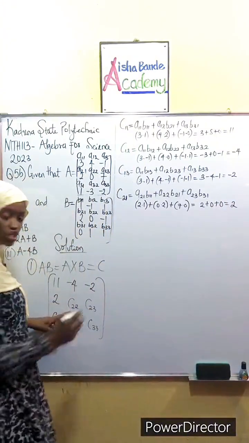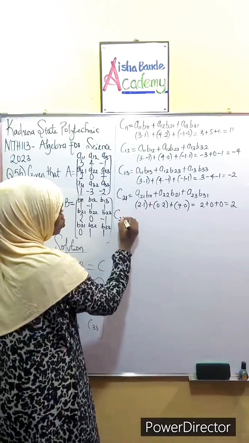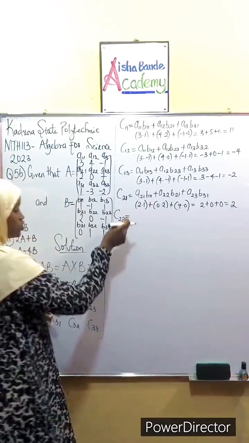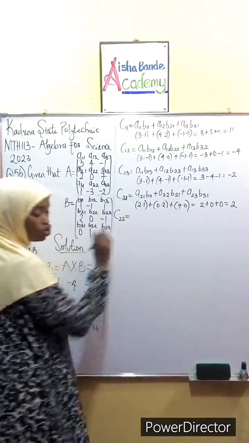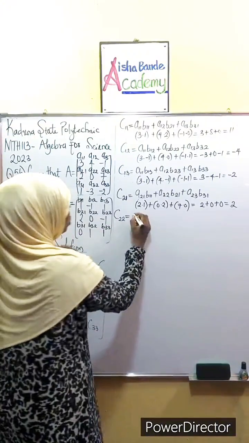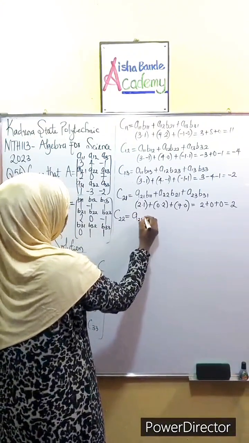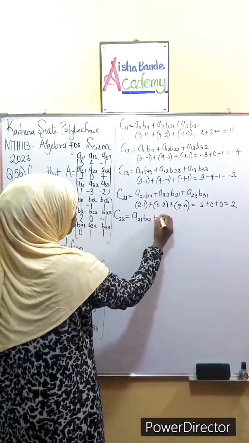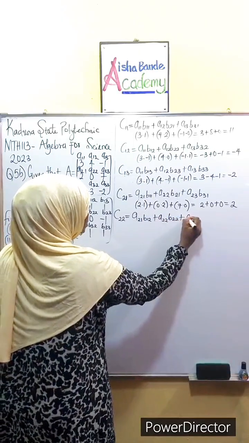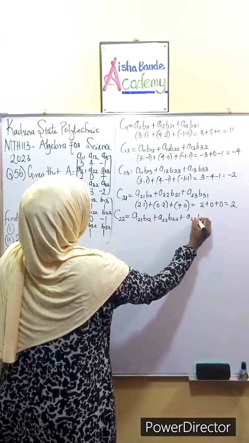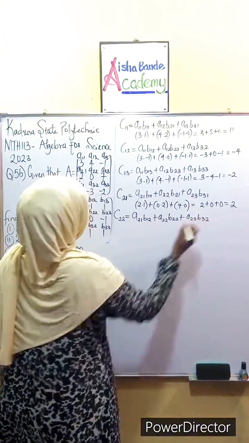So let's move on to the next one, which is for us to find C22. So our C22 means maintaining second row on matrix A, then second column on matrix B. So this is going to be A21 B12 plus A22 B22 plus A23 B32.